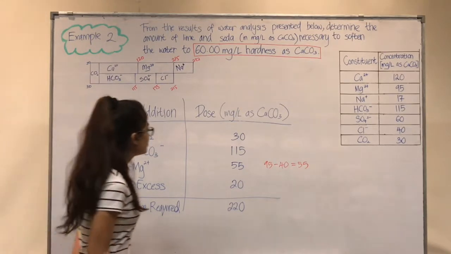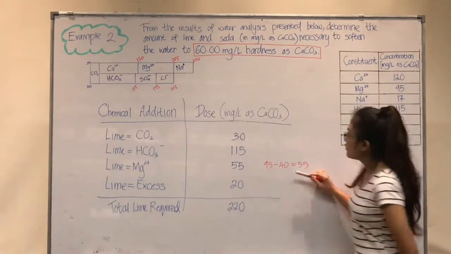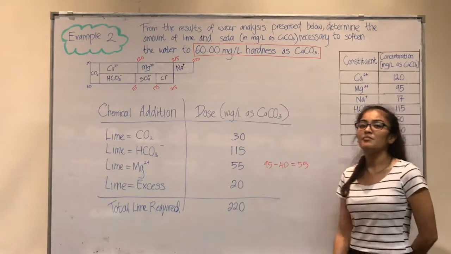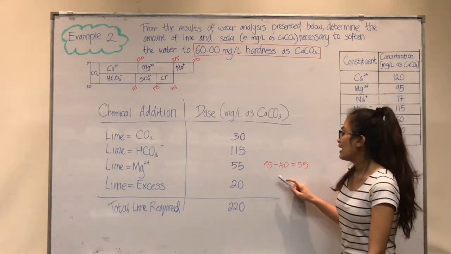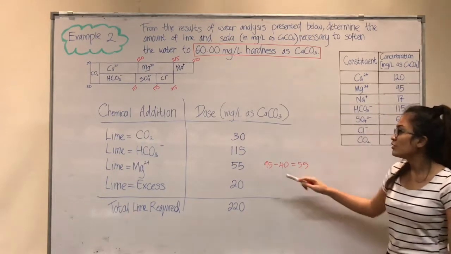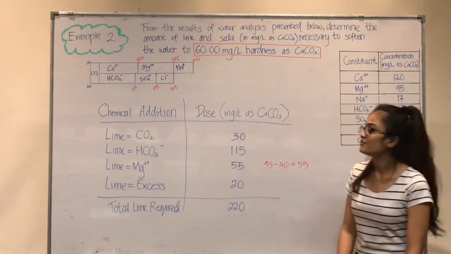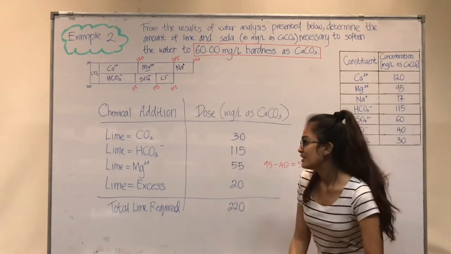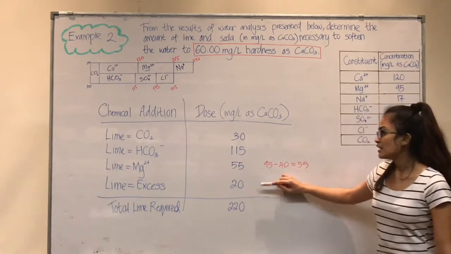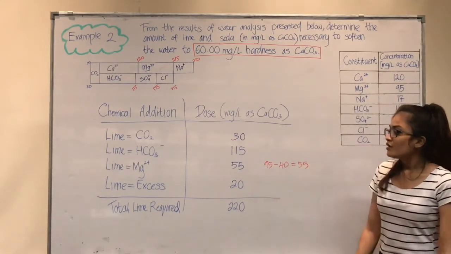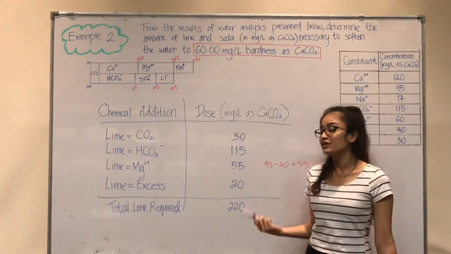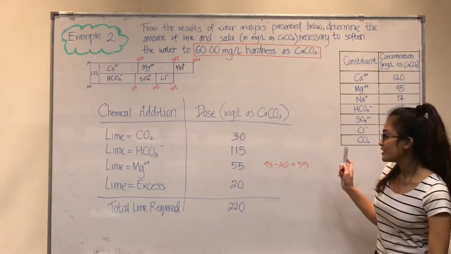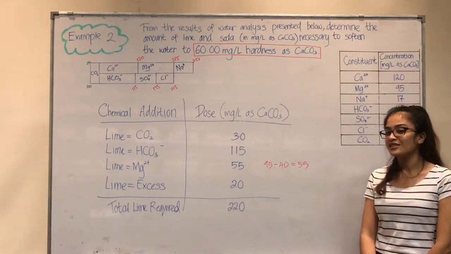For the magnesium, it is given as 95 milligrams per liter, but the maximum amount of magnesium that needs to be removed is 40. Hence, 95 minus 40 is 55 milligrams per liter. And the last one is the excess lime, which is given as 20 milligrams per liter. So the total lime required to soften the water is 220 milligrams per liter as calcium carbonate.